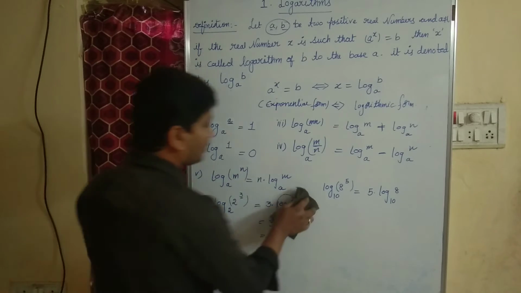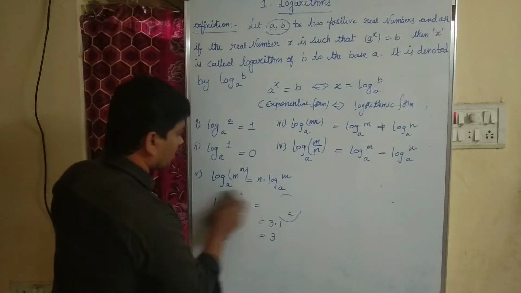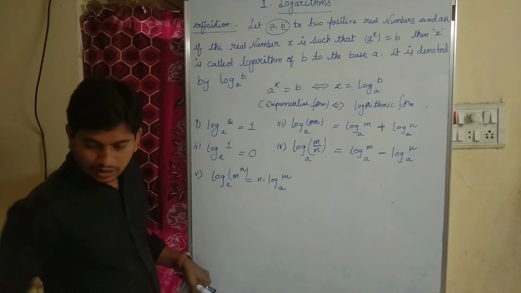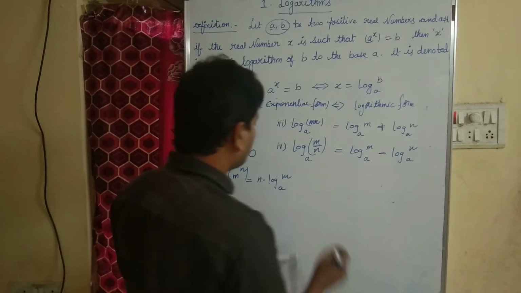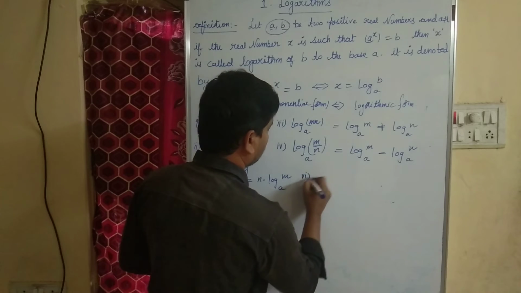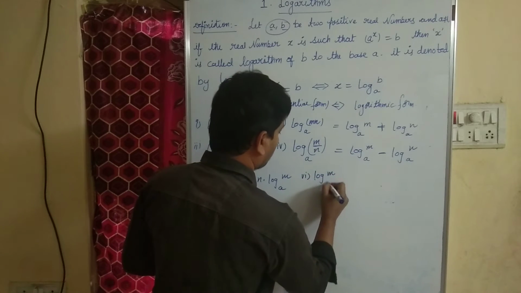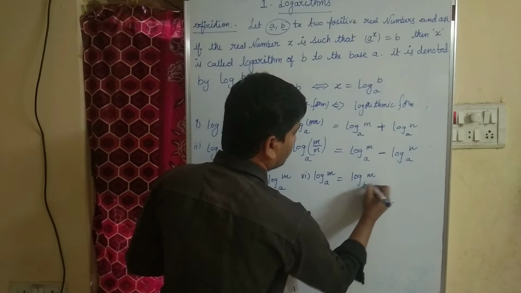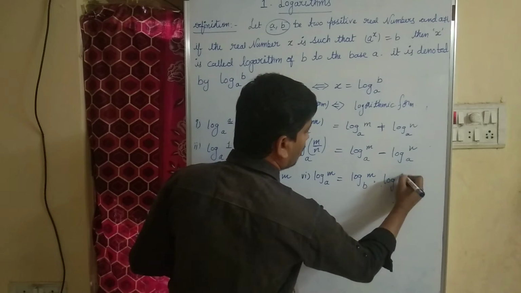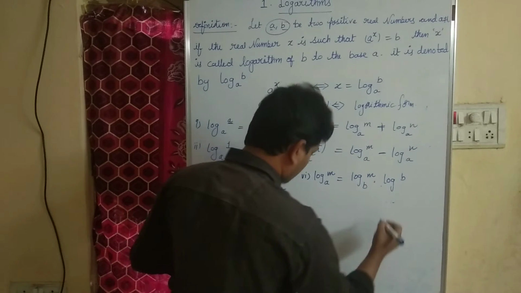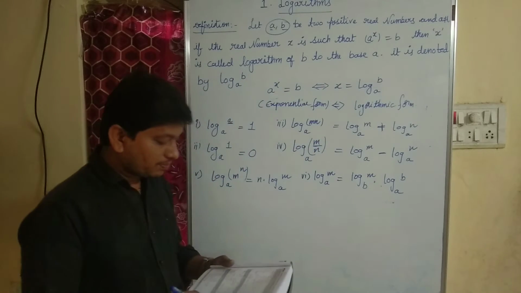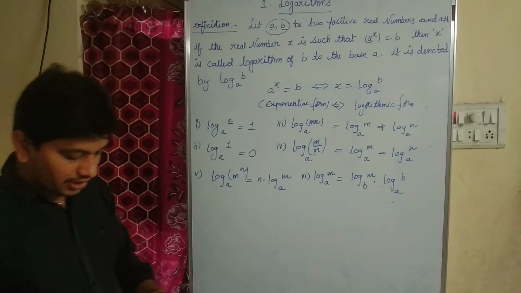And we have one more law. Let us explain. Coming to the sixth law, log m to the base a equal to log m to the base b into log b to the base a, right?